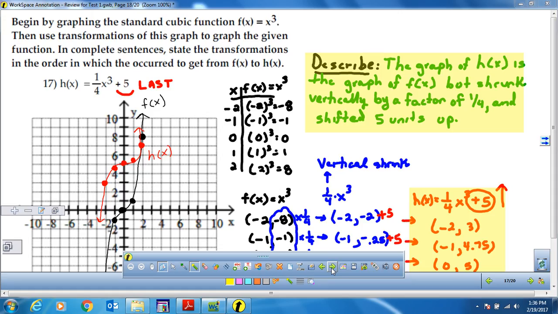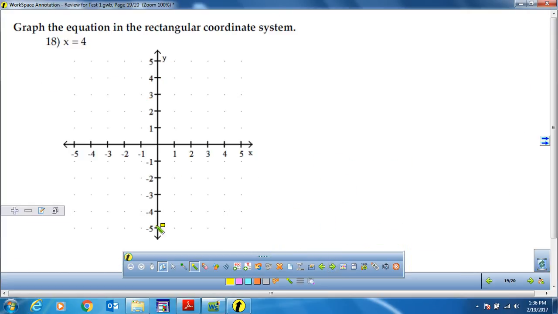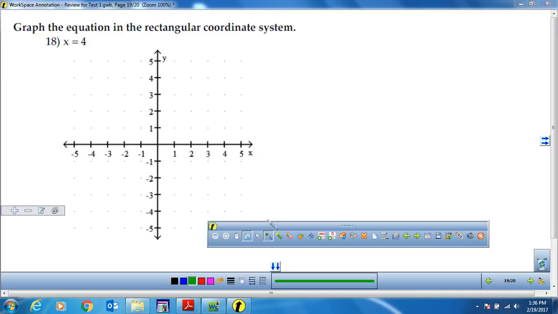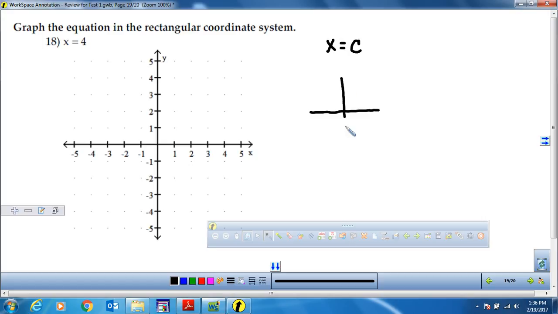Okay. Now, next problem, question number 18. This one is a very simple question. This one says, we're going to graph the equation in the rectangular coordinate system. Let's keep in mind some definitions. Anytime I have an equation that I want to graph in the form of x equals a constant c, that basically creates what is called a vertical line intersecting the x-axis at that number c.